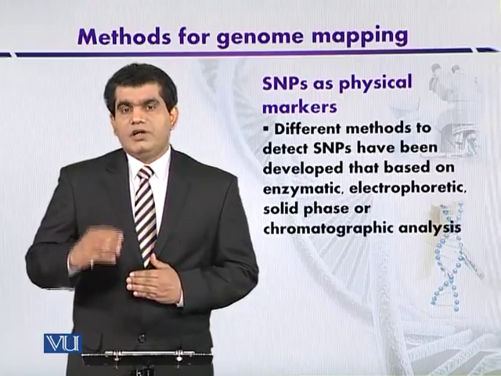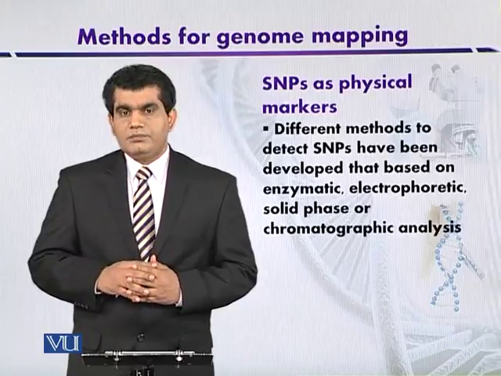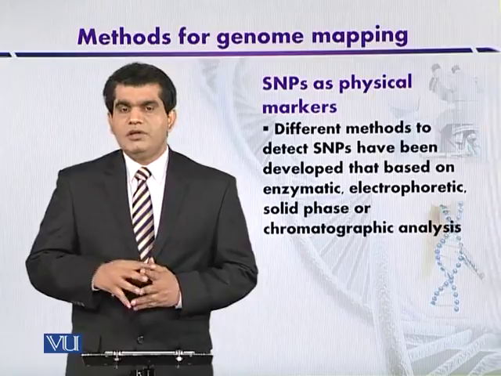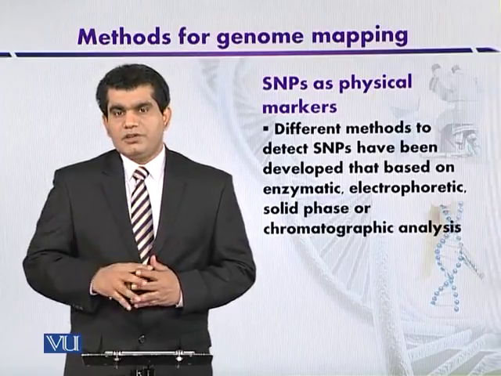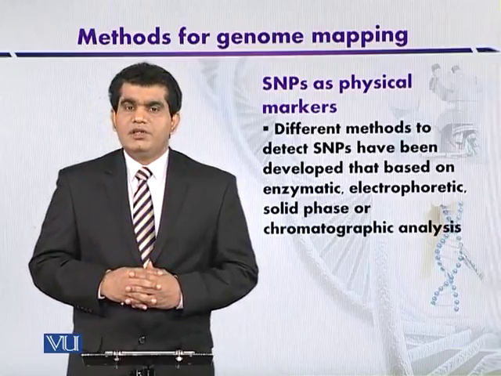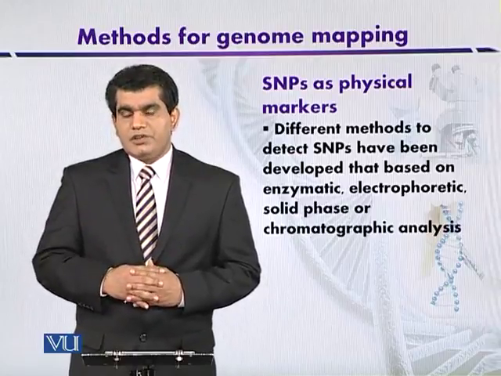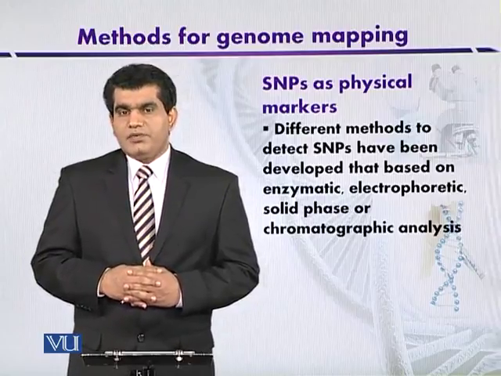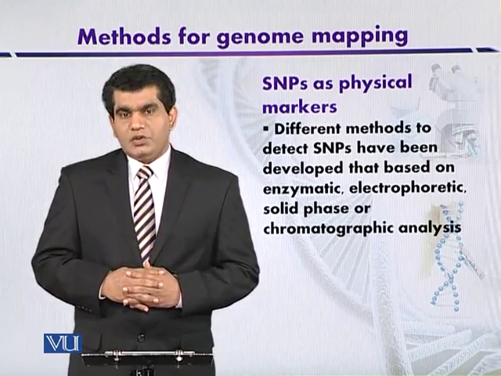On what basis? On the basis of their melting temperature. As is the character of SNPs, there is a single base pair variation in a particular gene or genomic DNA segment. If one base is changed, it will also influence the melting temperature, so that two DNA molecules will be differentiated. So SNPs are good markers for genome mapping.